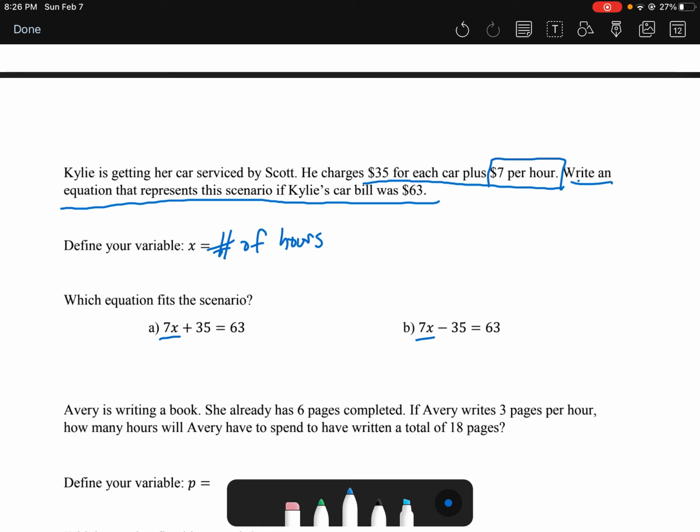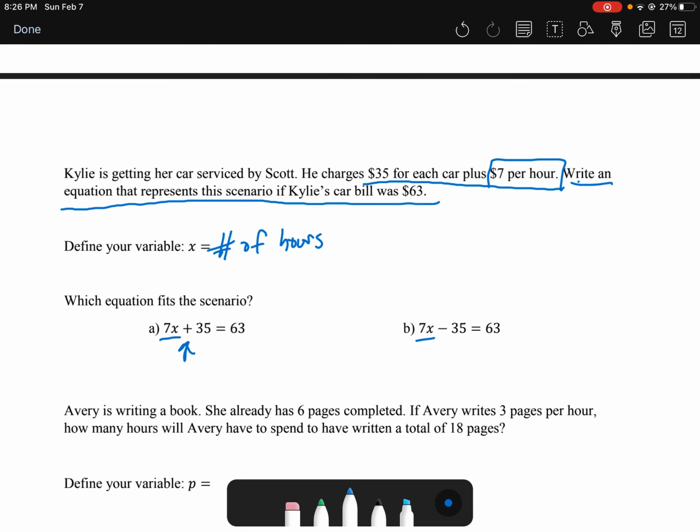So now the big thing is, looking at the difference between these 2 equations, I got plus 35 or minus 35. So is there anywhere in the original problem that said, hey, this is the sign that we have to deal with? Boom, right there. It says plus. I'm adding those 2 things together.